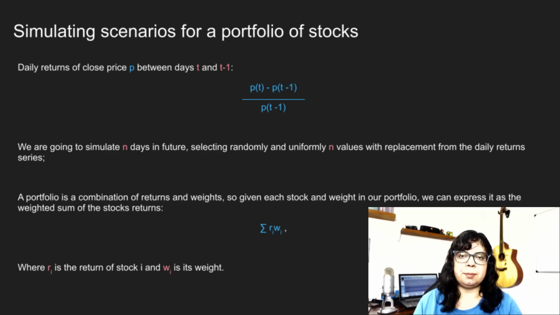We can see a portfolio as a combination of returns and weights. So given each stock of our portfolio and its weight, we can express it as the weighted sum of the stock returns.